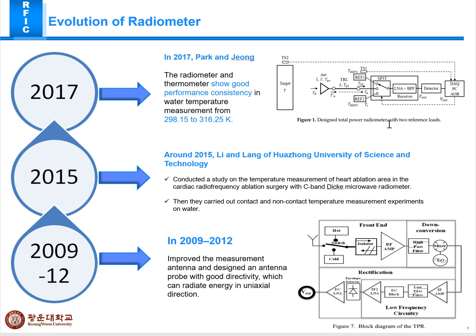And here you can see the block diagram, which is a total power radiometer with two reference loads, cold and hot source, and the antenna. Then they are using an SP3T switch, and then it is connected to LNA and BPF. Then it has a detector, and then it's connected with a DAQ, PC and AOB, and after that with a personal computer.